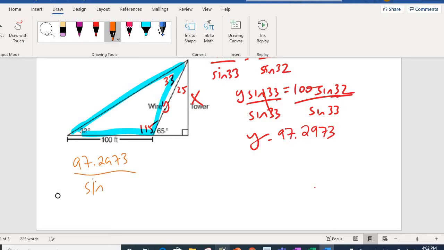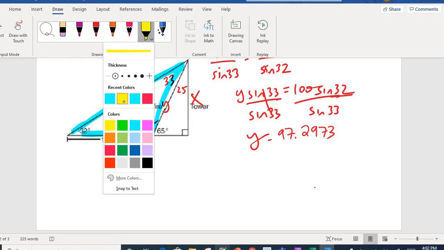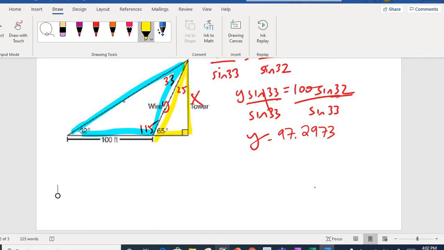Across from that is 32. Oh, wait, I'm in the wrong triangle. Excuse me, so silly. I shouldn't be in the blue triangle, I should be in the other triangle. The undo isn't working, so I'll just change it. Pardon me, the original work we did was in the blue. We're going to the yellow triangle now.